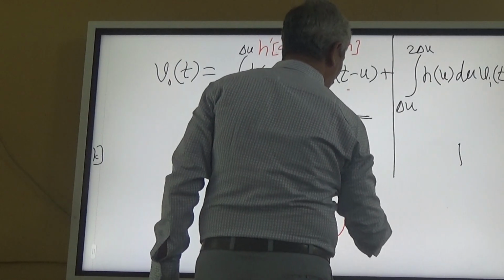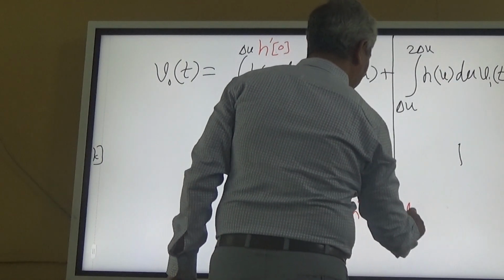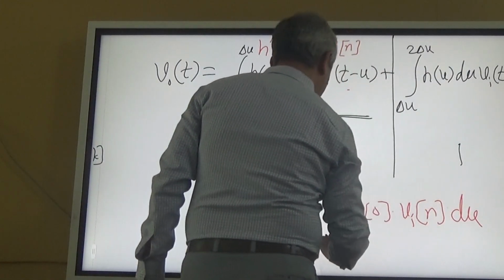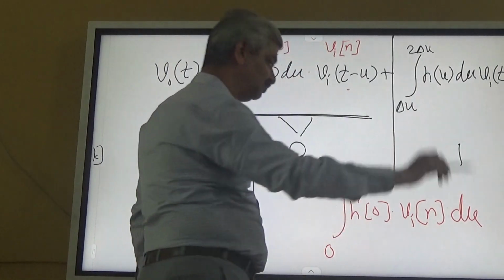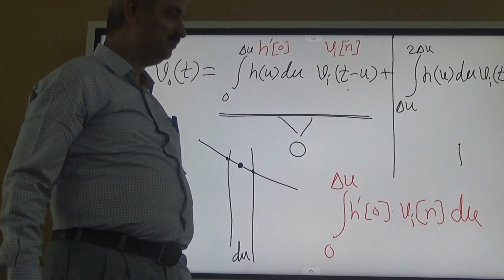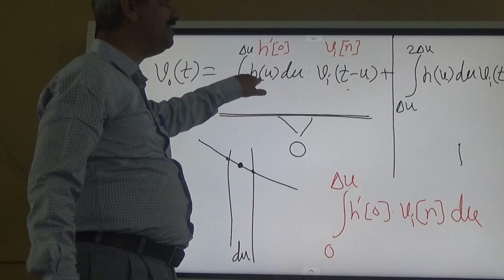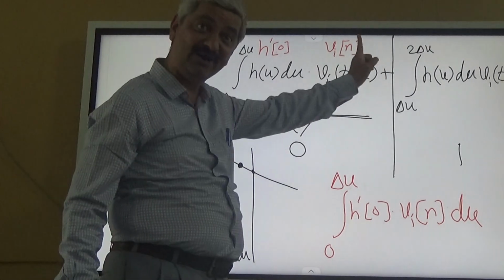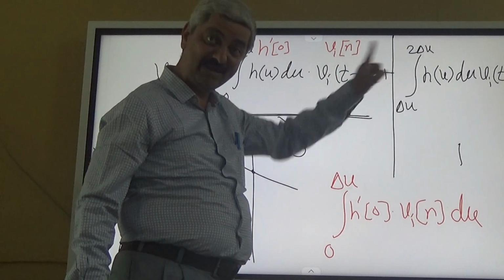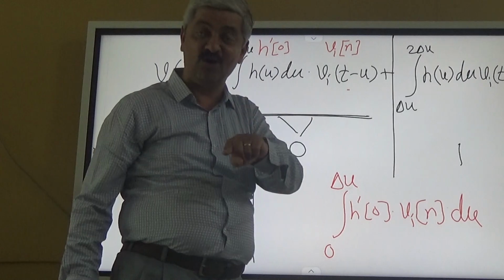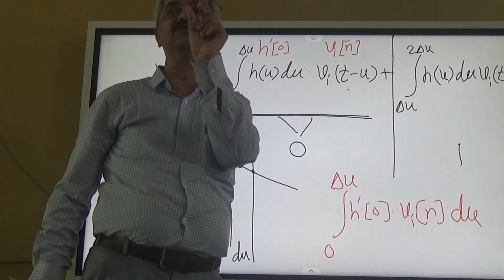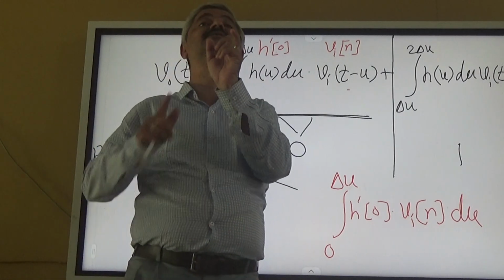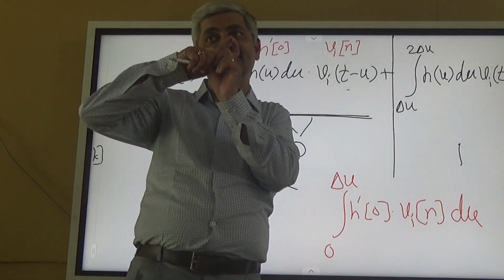H dash 0, v in n, du from 0 to delta u. h(u) is a function of u. v in (t minus u) is also a function of u. But du being so small, over that change I can assume the average of it to be constant.